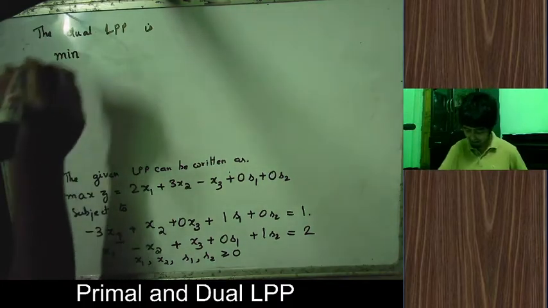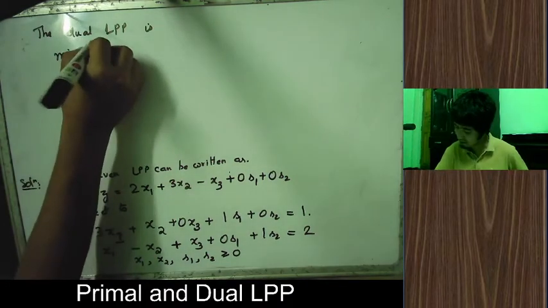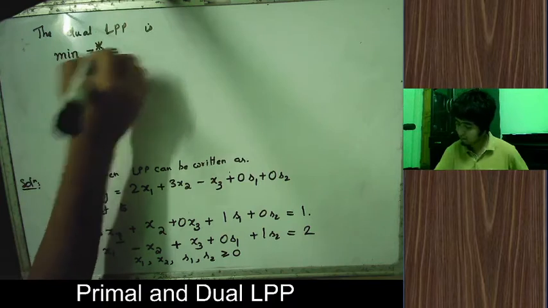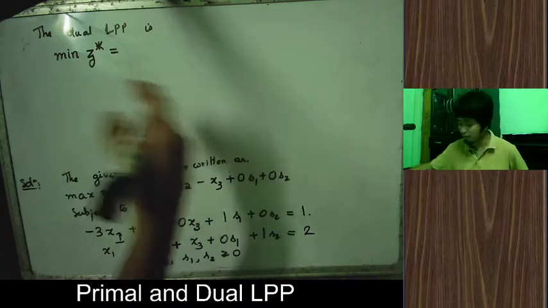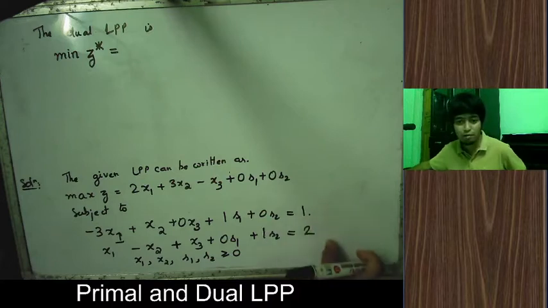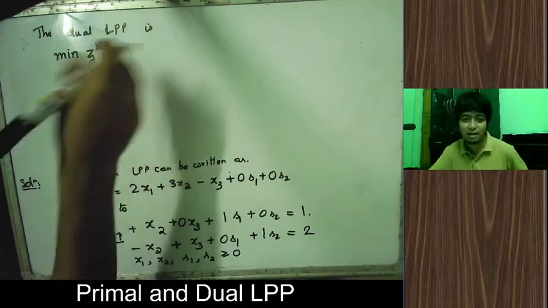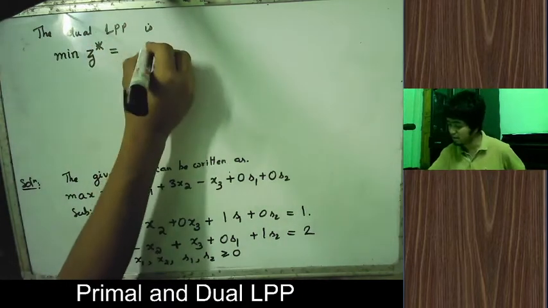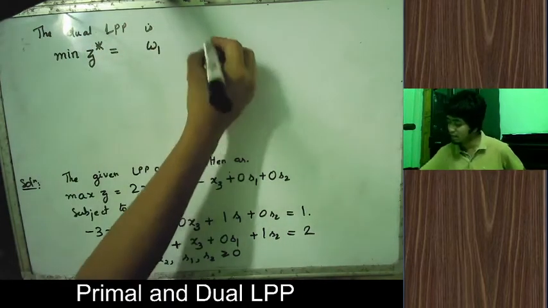We can write it as minimize z star. How exactly are we going to do it? You just see that over here we are having only two constraints. So in the objective function, now we will be having only two variables, which are w1 and w2.